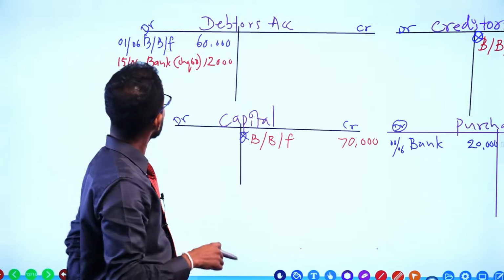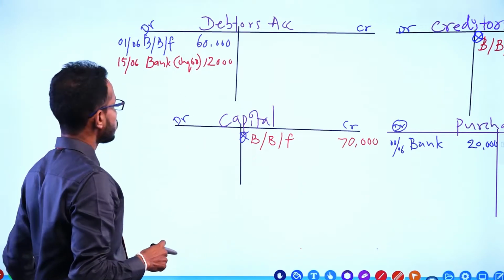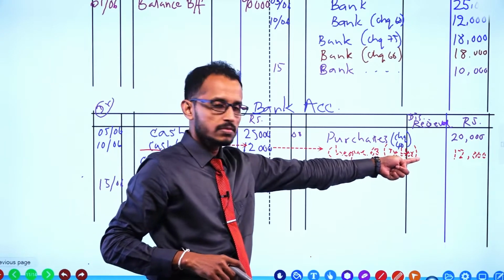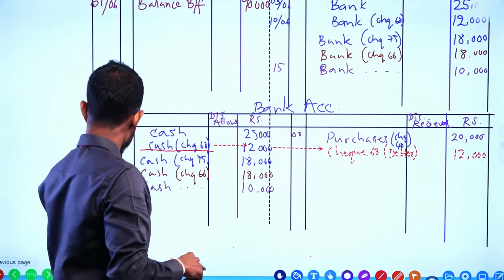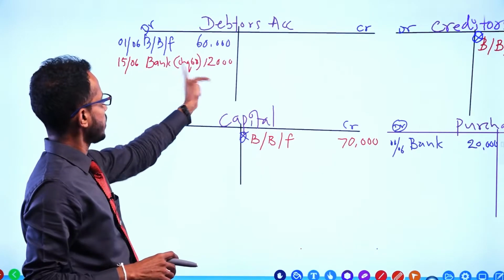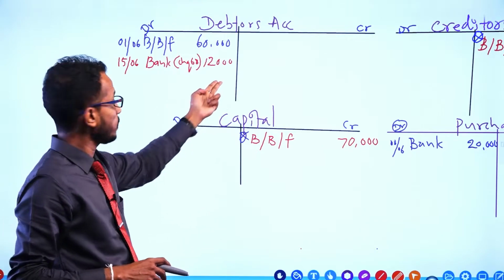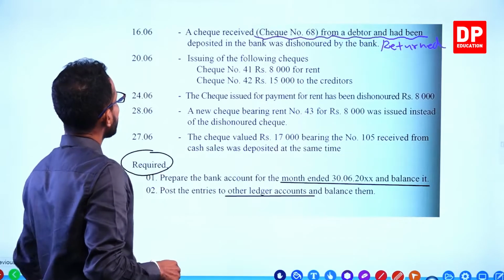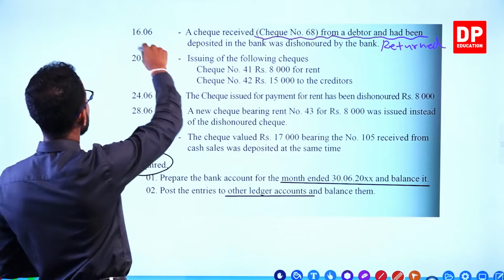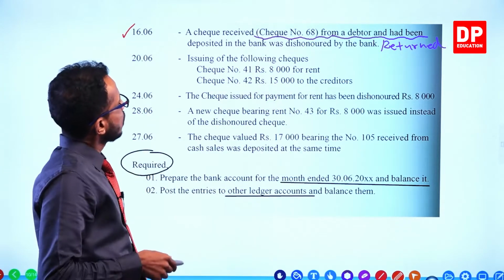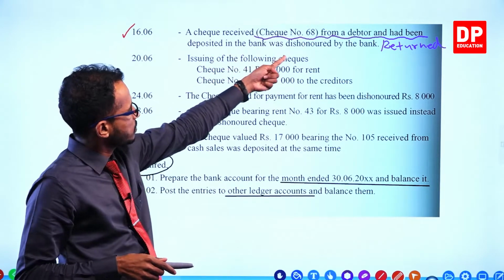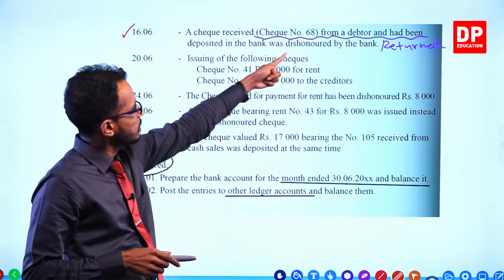Okay, now it's done, the credit entry and the debit entry. Next transaction. This is done. Check number 68 had been deposited and it was dishonored.